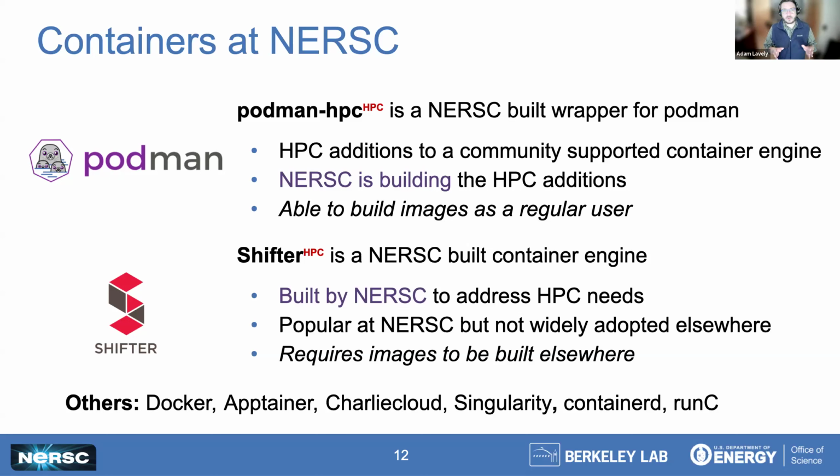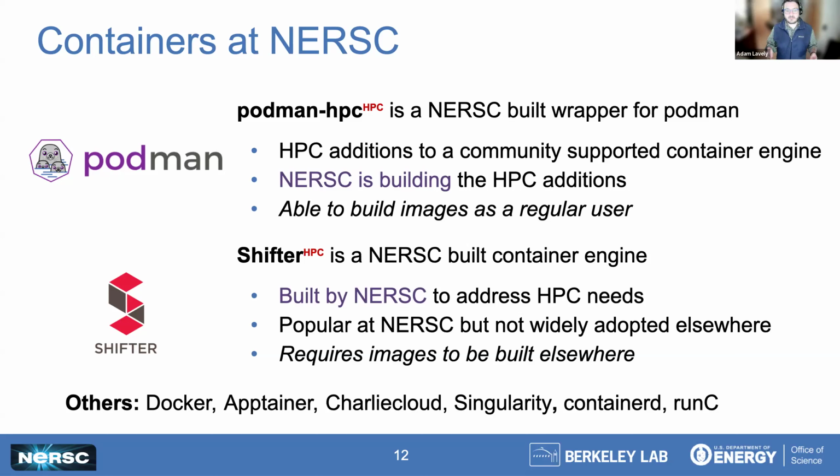I also want to point out that these are two container runtimes, but there are a whole bunch of other ones. Docker is kind of the standard. Apptainer, Charliecloud, Singularity, these are container runtimes that you'll often hear talked about on other HPC systems. containerd and runC are a little bit lower level. These might actually be included in other container runtimes for specific things like the actual running, maybe not the building.